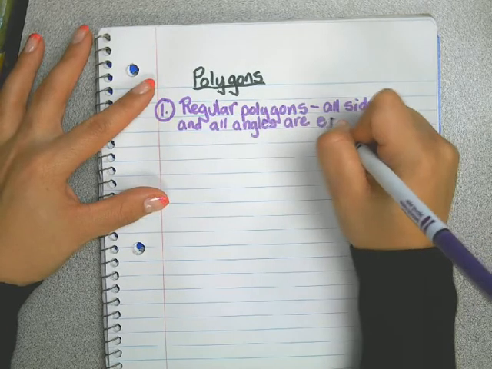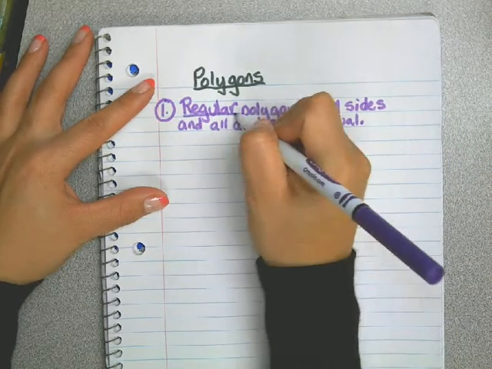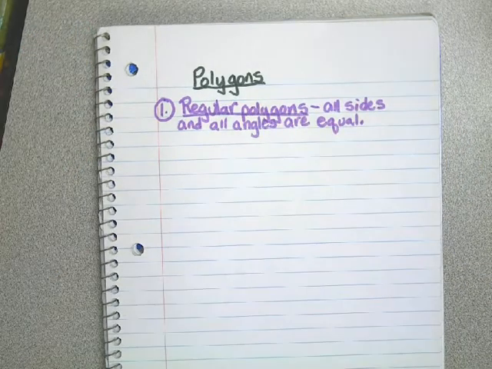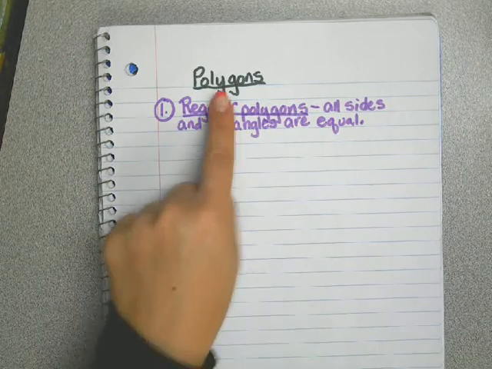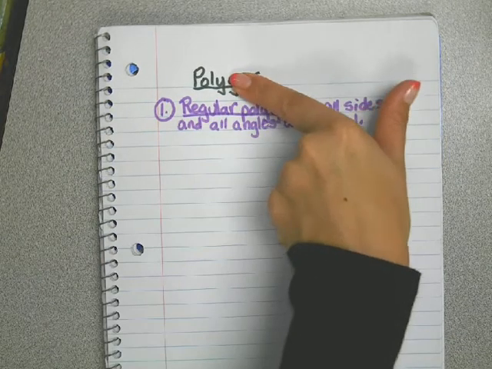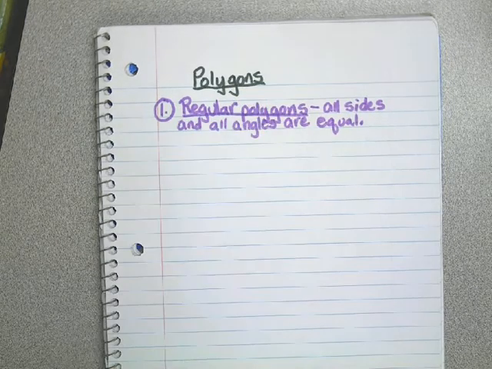All sides and all angles are equal. All right. So, what else?